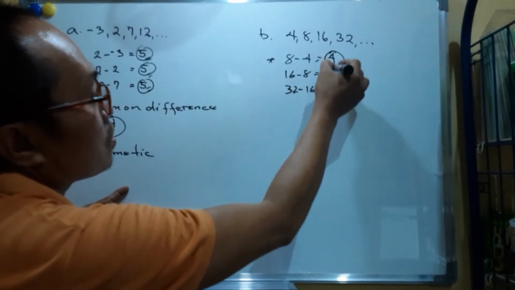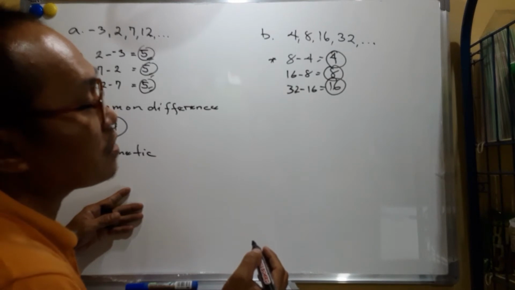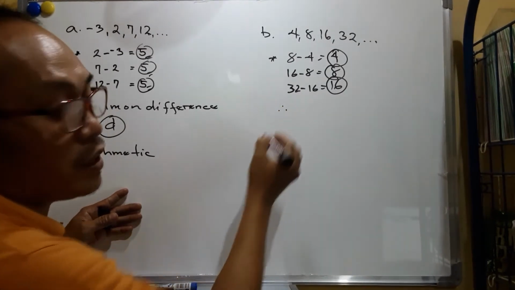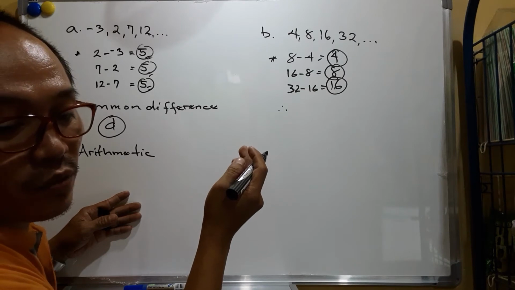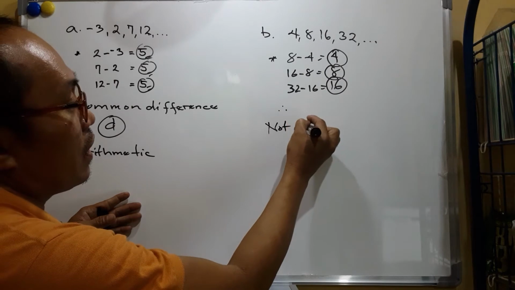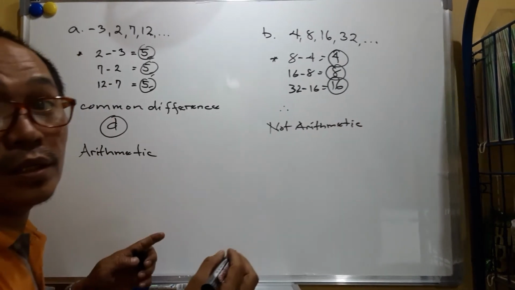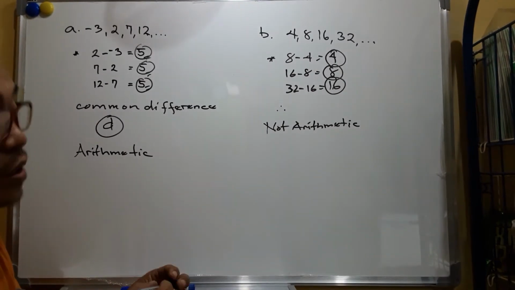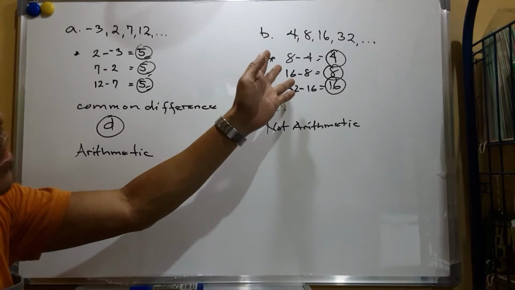If you notice, right away our answers are different. So therefore, we conclude that since the differences are not equal, the sequence is not arithmetic. Am I clear?